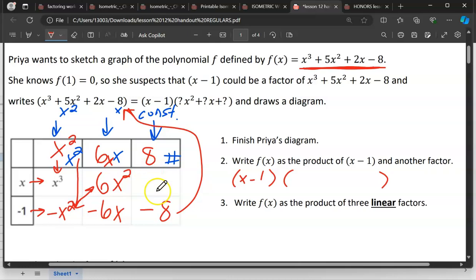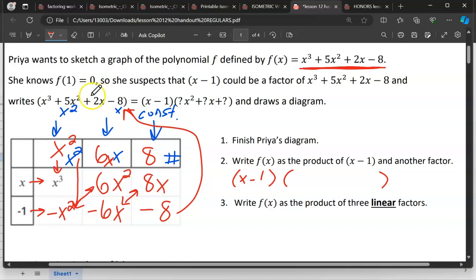Now, let's finalize our box right here. This top right box is column 8 times row x. 8x. All right, well, let's see. I have two terms that are x terms. I have -6x and I have +8x. If I combine these terms, I get 2x.